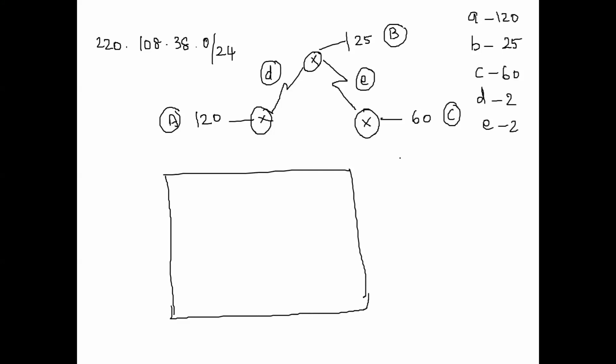So let me expand the last octet, 00000000. I'll borrow one bit and split it into two. So I was able to get two blocks. The first block starts with 0 as the network address and 127 as the broadcast address. Similarly, here it is 128 to 255.